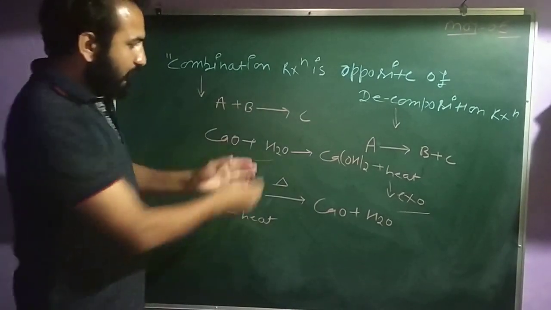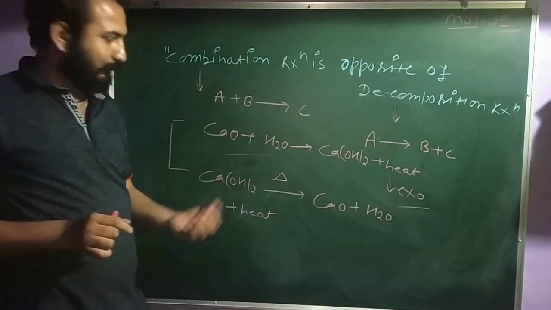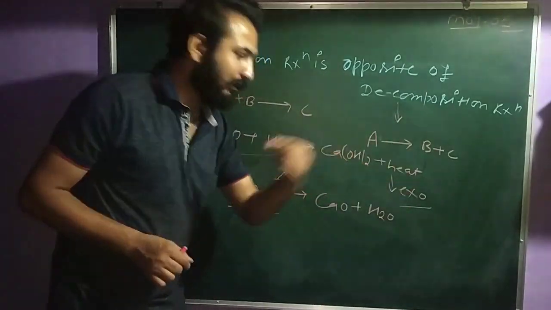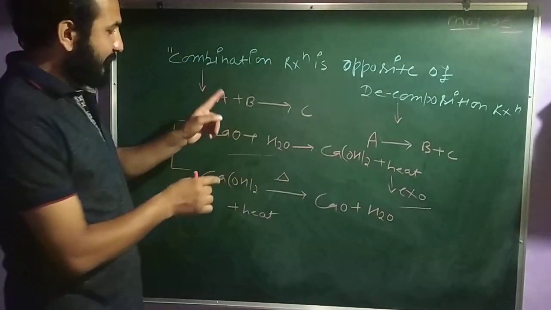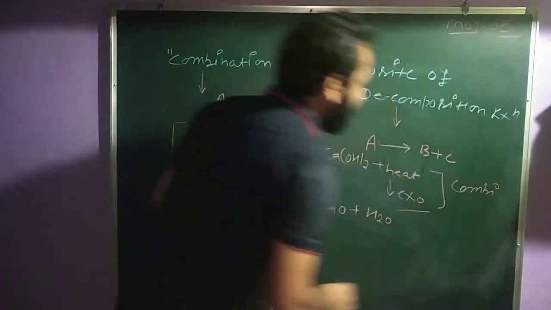Clear? So see these examples very carefully. In this one, two reactant species give one product along with heat, called exothermic, and this is the combination. Example of combination reaction.